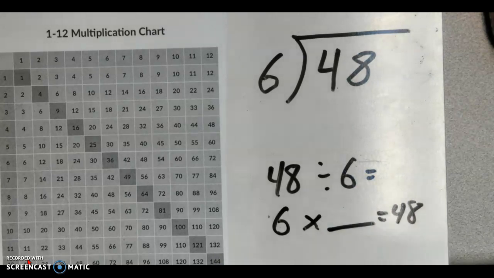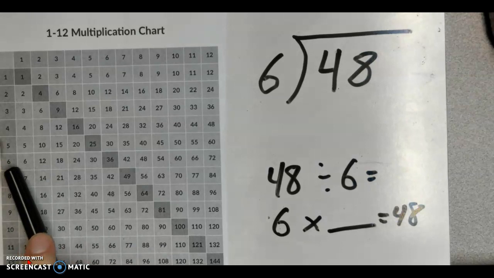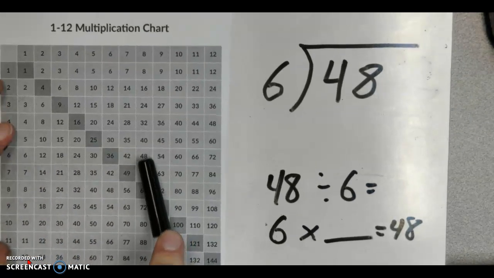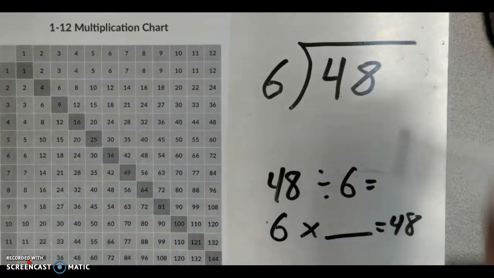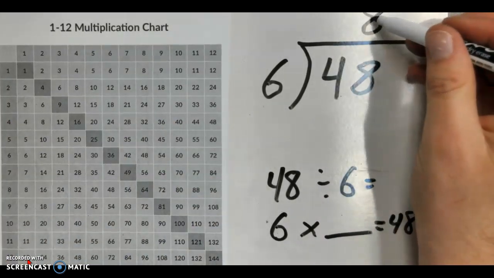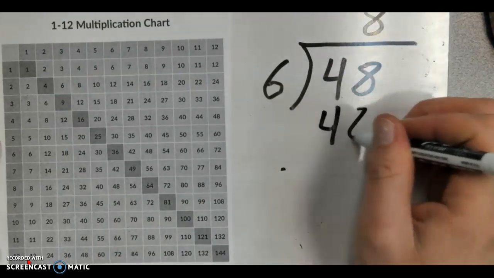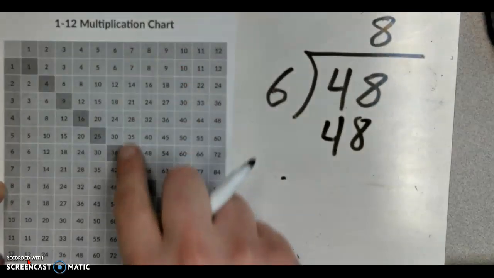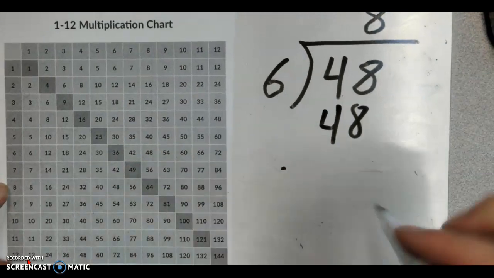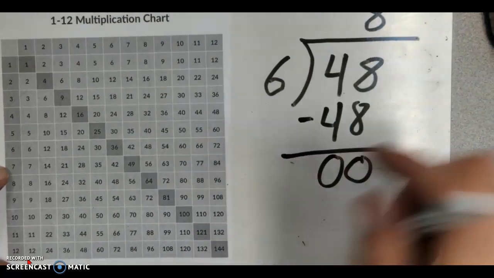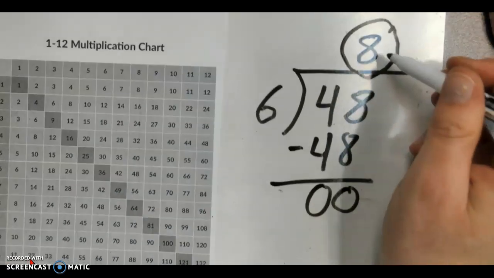It's all the same. So I go to my 6. I look down the line to find 48. And that's 8 times. Put my 8 up top. 8 times 6 is 48. I subtract, gives me 0 and 0. So my answer, once again, is 8.